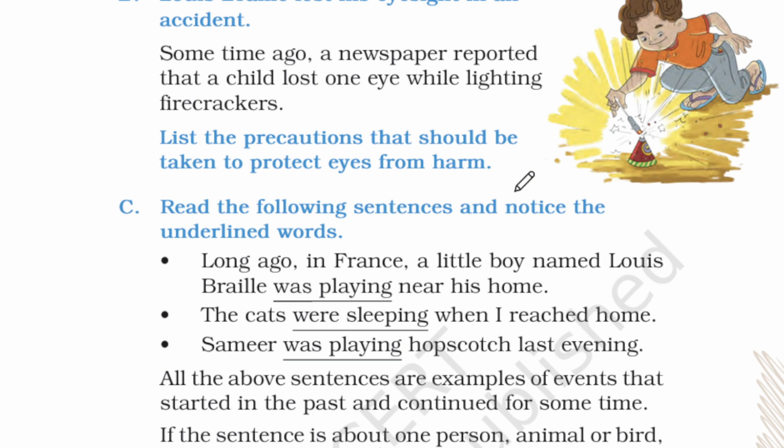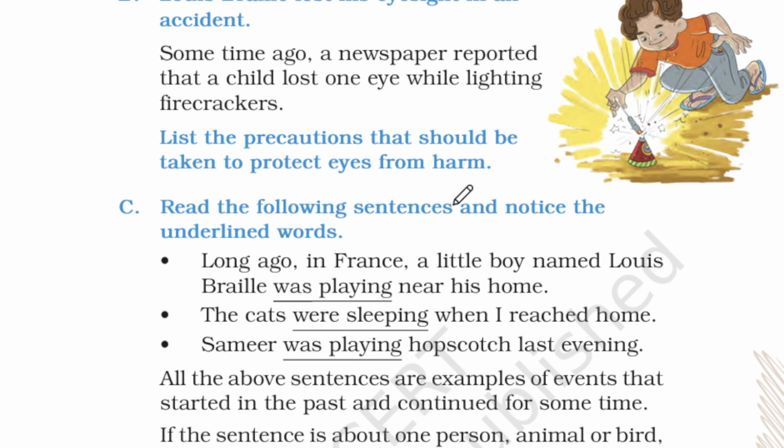Okay, so next, list the precautions that should be taken to protect eyes from harm. So what are the precautions you have to take? The first thing is, you should always be near your parents. Don't go anywhere, and you should not play with any sharp objects or tools.